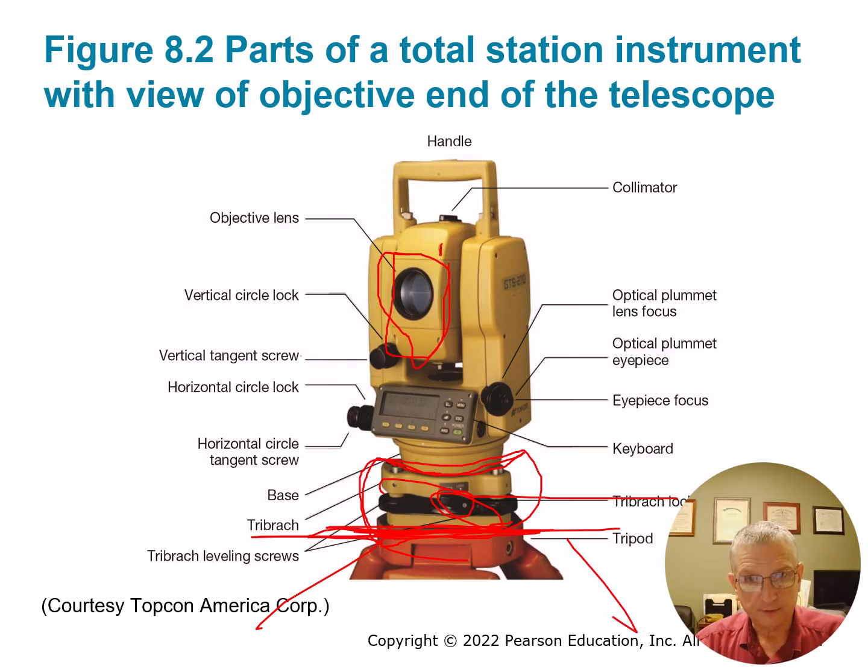And I think these are screw holes right here on the front of it, but the EDM more than likely transmits through the eyepiece hole because it's all in there together in the alidade. You don't hear the term alidade very often anymore, but it is the term that applies to the guts of the instrument.